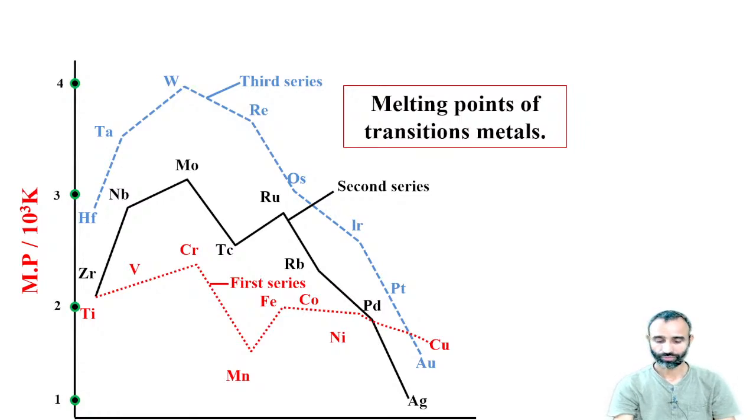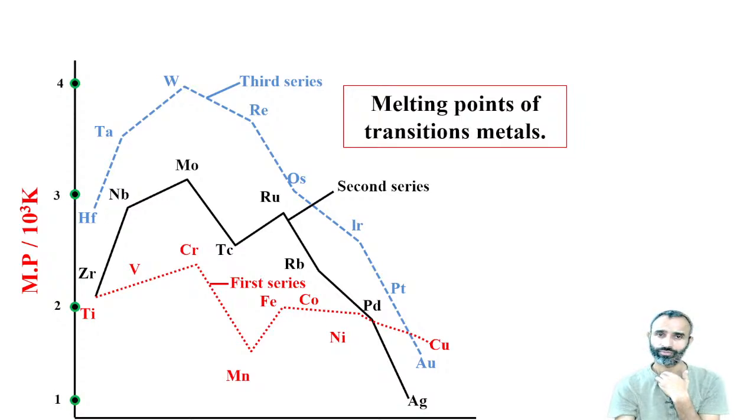Because manganese has an exactly half-filled configuration, 3d5 4s2, and technetium 4d5 5s2, meaning they have extra stability, and therefore the electrons are less willing to participate in bonding.